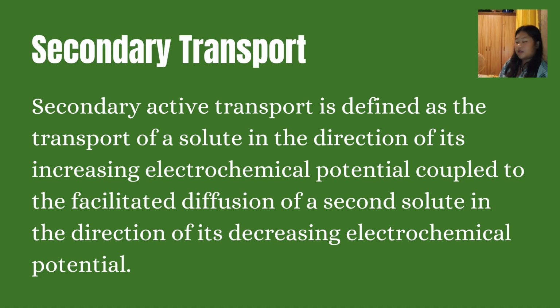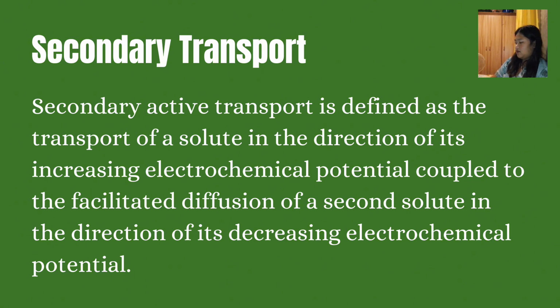Next is the secondary transport. Secondary active transport is defined as the transport of a solute in the direction of its increasing electrochemical potential, coupled to the facilitated diffusion of a second solute in the direction of its decreasing electrochemical potential.